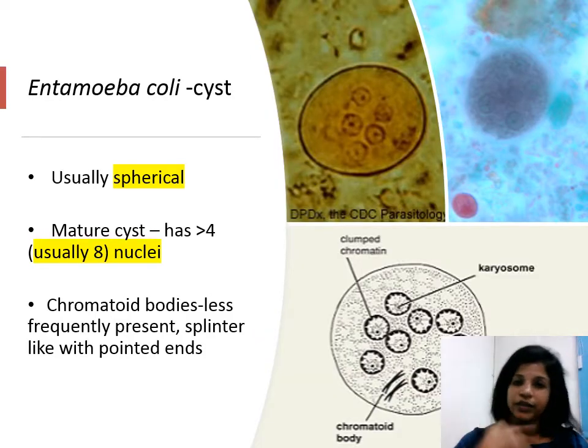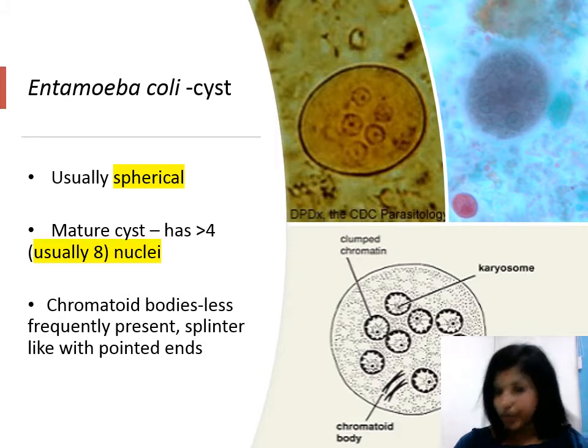So what I earlier showed was the Entamoeba coli cyst. Now Entamoeba coli cysts are generally round, so that is one clue to recognize it as E. coli, Entamoeba coli. And then you look at the number of nuclei inside. Generally they have more than 4 nuclei.